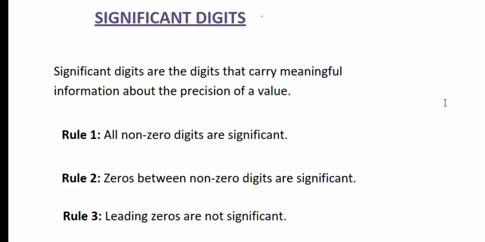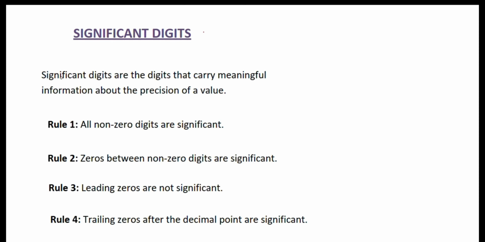Therefore, choosing an appropriate number of significant digits is an important part of numerical computation. Significant digits are the digits that carry some meaningful information about the precision of a value. There are some rules for finding the significant digits.